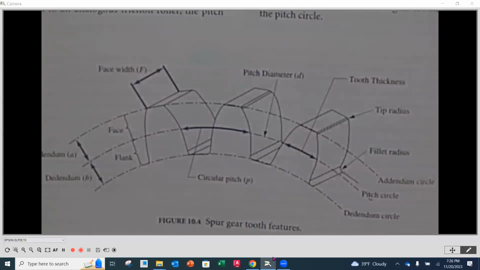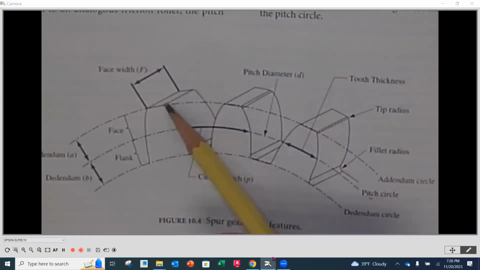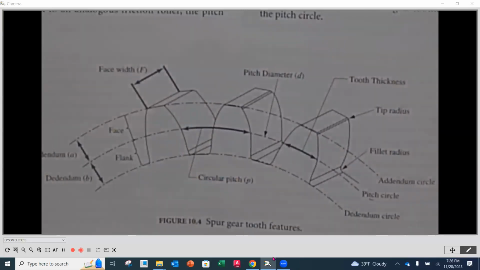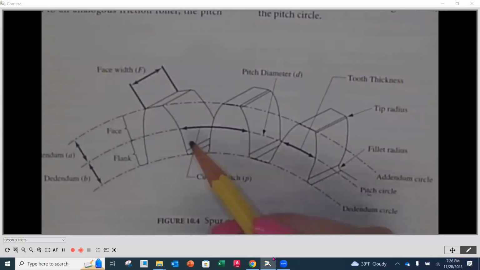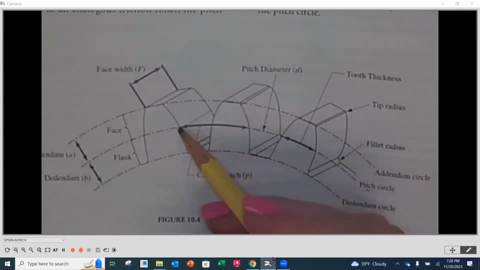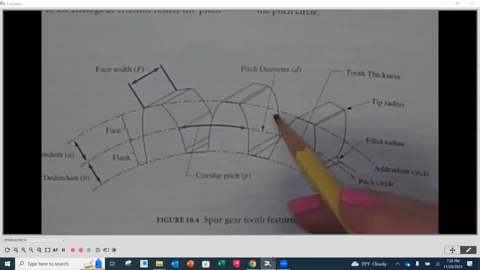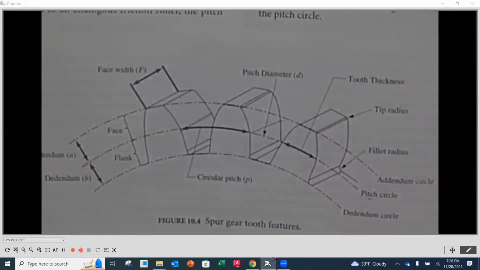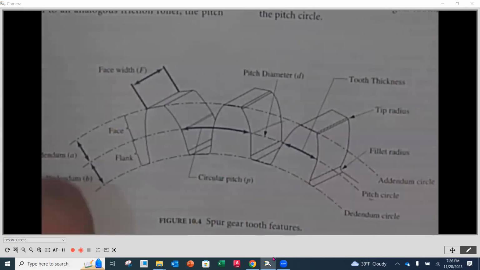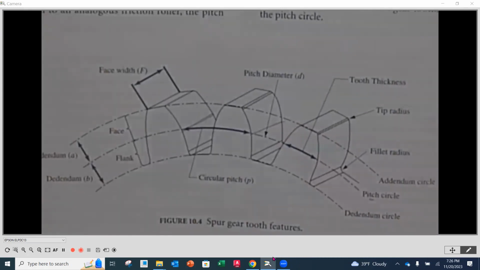Now, the width or depth of an actual gear tooth is what we call the face. The longer the face, you're going to have line contact, and I'm going to draw it along here, to distribute the forces that are pushed through these gears.